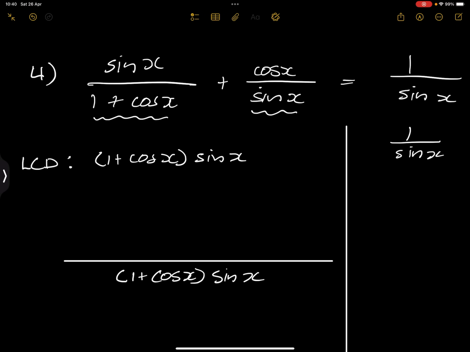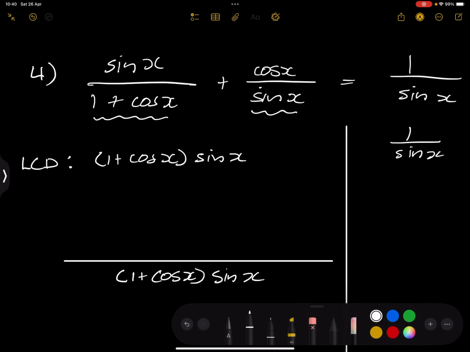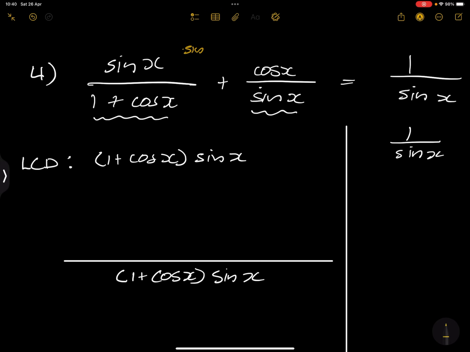So I want you to imagine, and I'm going to write this in a different color, that I take that LCD. So I've got sine of x multiplied by 1 plus cos of x. And I multiply it into both my fractions. So again, I've got sine of x into 1 plus cos of x.